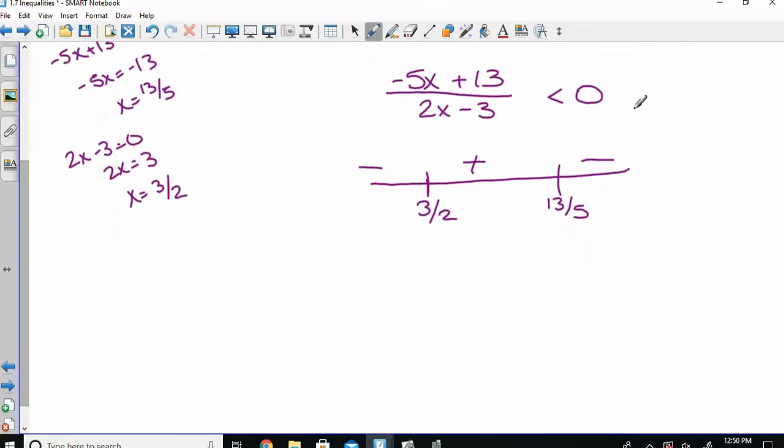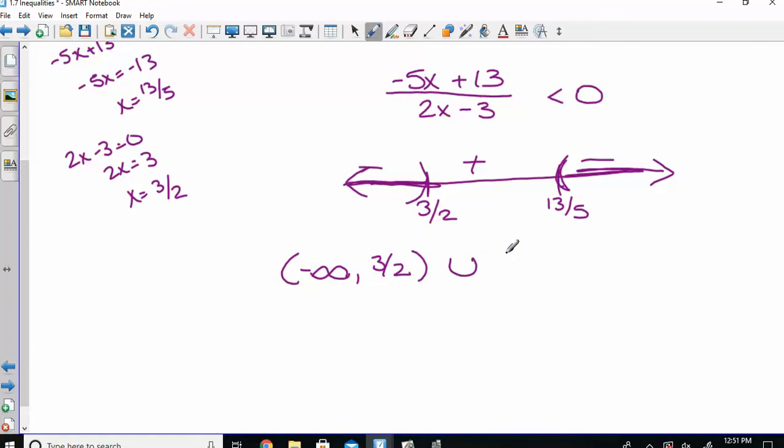Which answer should I want, positives or negatives? Less than 0 is negative. There's no equal to, so I don't even have to worry. Everything's parentheses here. So I have both ends. So the first end is coming from negative infinity, stopping at 3/2. Union, the second piece is 13/5 to positive infinity.